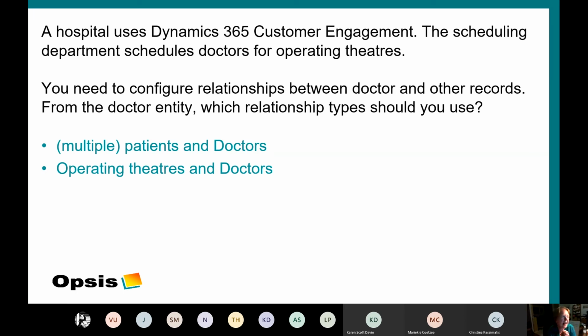But yes, it could be many to many, because if you're in a hospital, any one patient could well be, if you're talking about a really sick person, seeing multiple doctors. So this is a good example of, if this was real, we'd now have to go back to the client and clarify whether they would want it as a many to many or a one to many.